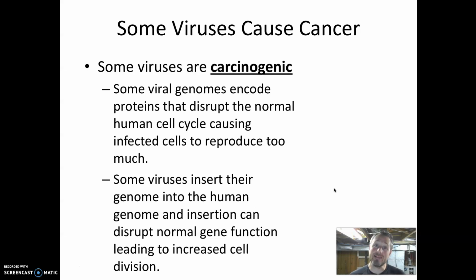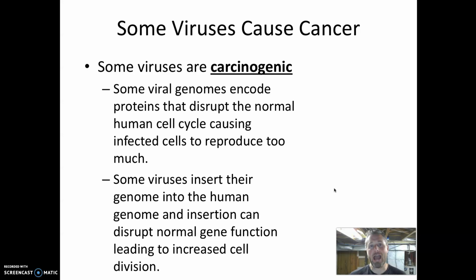So two basic explanations about why some viruses cause cancer. They encode a protein that disrupts the cell cycle, or they disrupt a human gene that regulates the cell cycle when they insert their genetic material into our genetic material. And that's it, right?